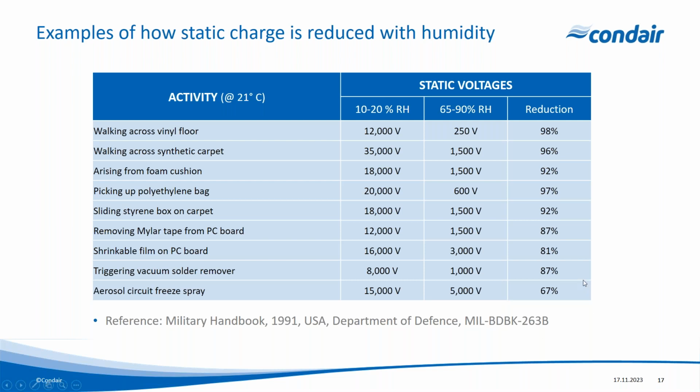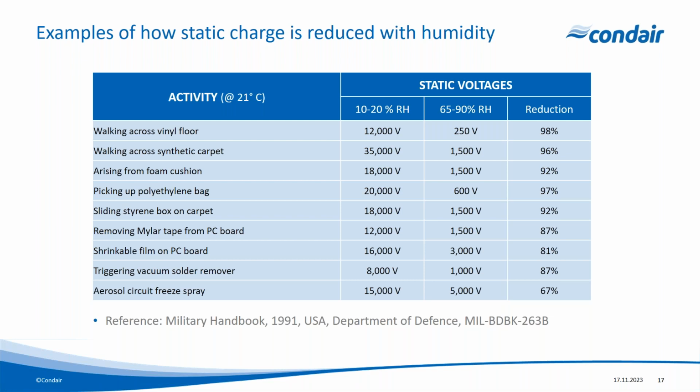So if we look at an activity, and all of these activities were at 21 degrees C. Walking across a vinyl floor, when the relative humidity is low, between 10 and 20%, they measured a static voltage of 12,000 volts.